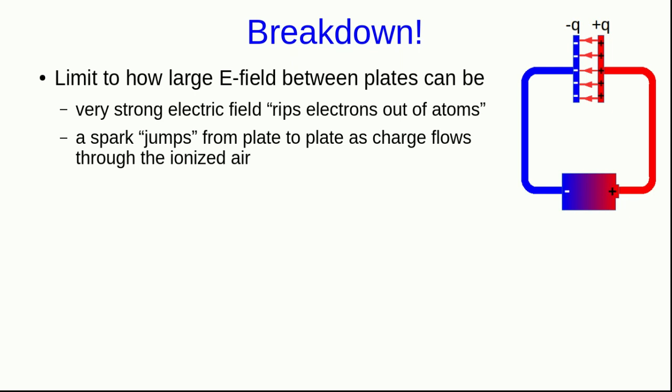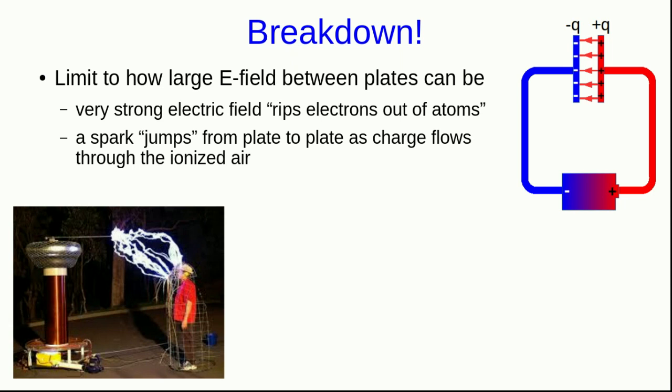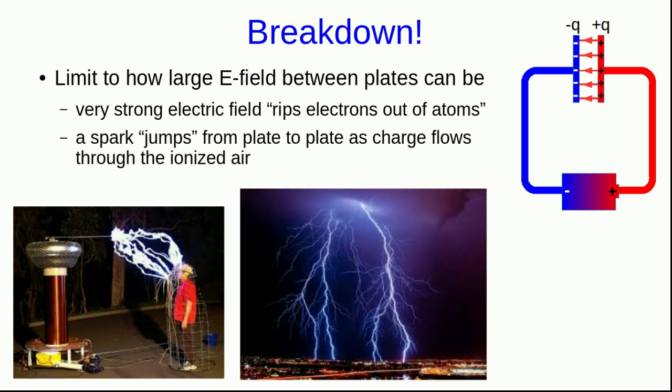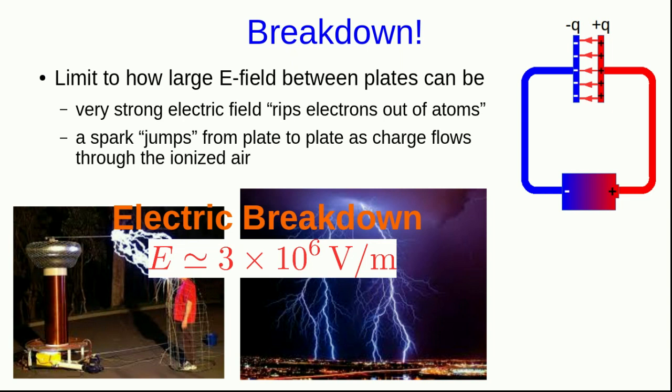This is called an electric breakdown, and it's exactly what happens anytime an electric spark jumps from one thing to another. The most dramatic example is lightning. The breakdown E field of air is around 3 × 10⁶ volts per meter.